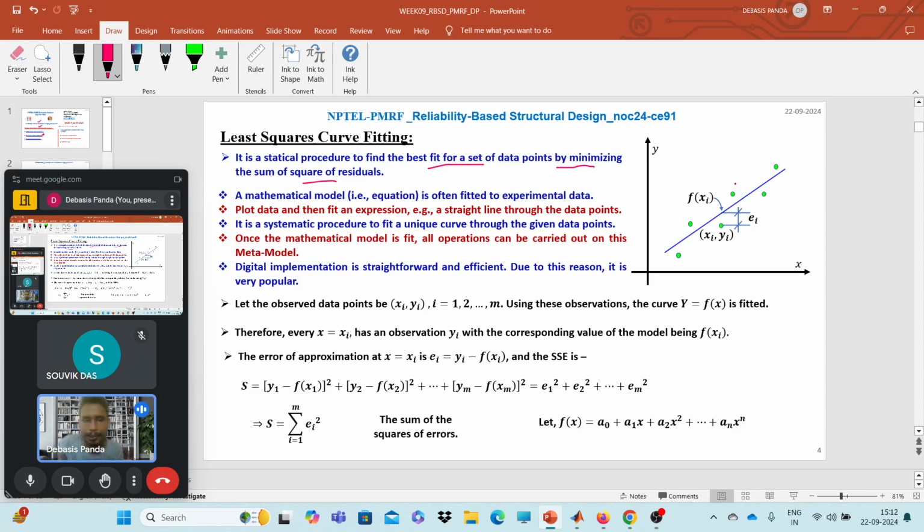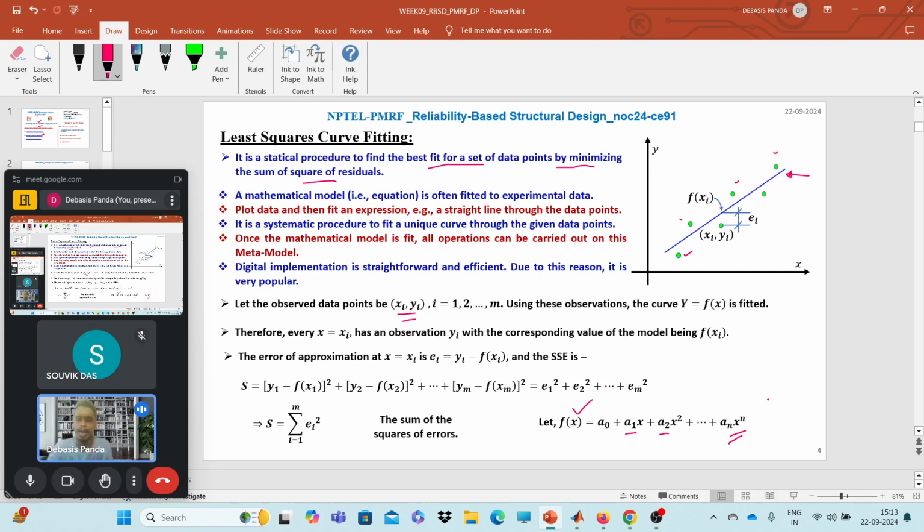Let's quickly go through the concept. Say we have the data points xi and yi. Here the green dots are the actual observed data, xi and yi, from some experiment. Now we want to fit some model or polynomial to this data set. We can have a polynomial function f(x) = a0 + a1x + a2x^2 and so on up to degree n.